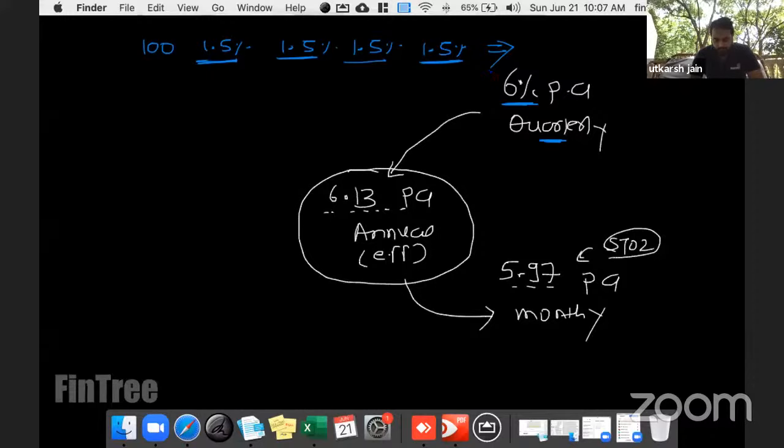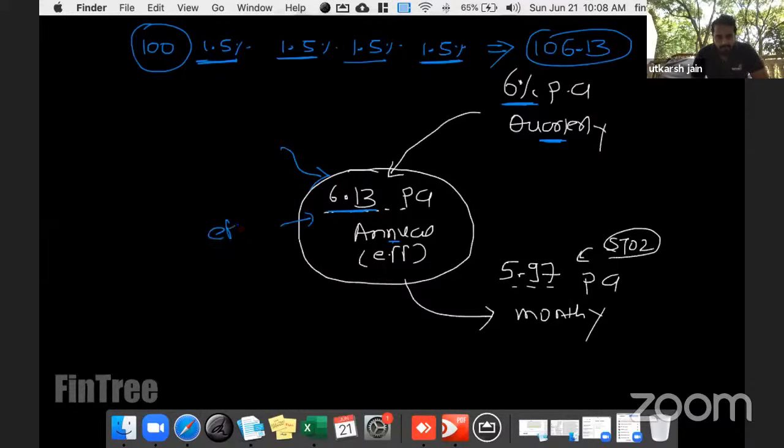So when I do this 4 times, my 100 rupees become 106.13. So 106.13 is nothing but 6.13 percent per annum. But is this a monthly rate? No, this is an annual compounding rate. It means if I invest 100, by the end of the year, I get 106.13. So this is my effective rate.